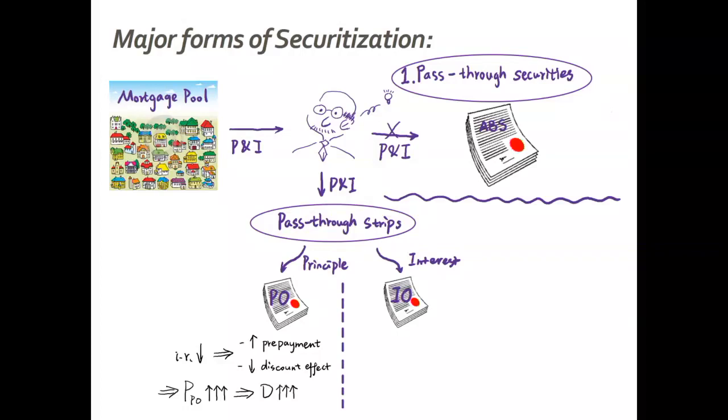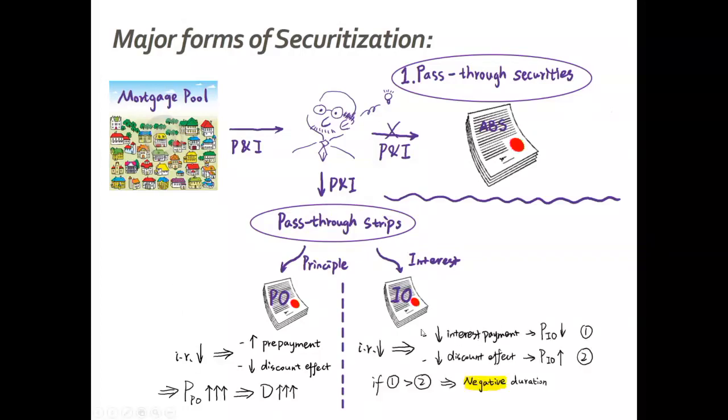Basically for the IO strip, when interest rates decrease, we will receive more prepayments, but those prepayments are mainly for principal. Which means as IO strip holders, you will receive less interest payment in the future because principals are being paid early. So the number and amount of cash flows you will receive actually reduce. In that sense, it will decrease the price of the IO strip.